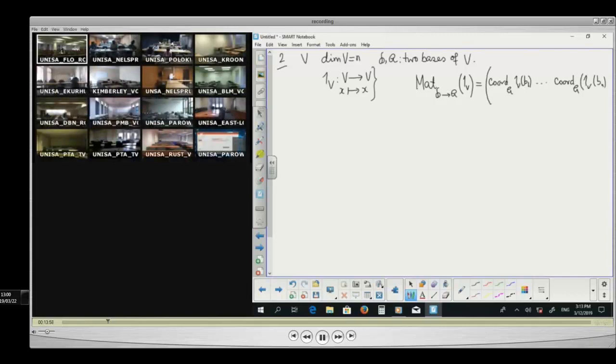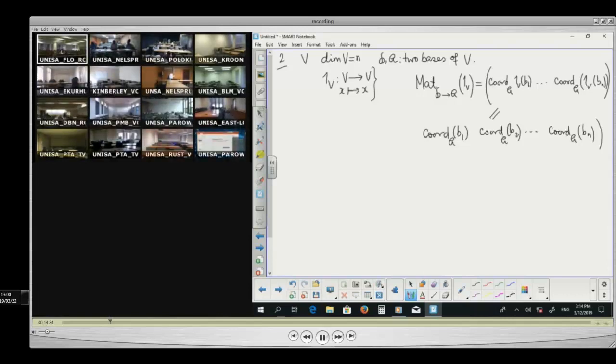Okay? But 1V doesn't change anything, so this matrix is the same as, I am rewriting it: coordinates of A of B1, the second column is coordinates of A of B2, and so on, coordinates of A of Bn.